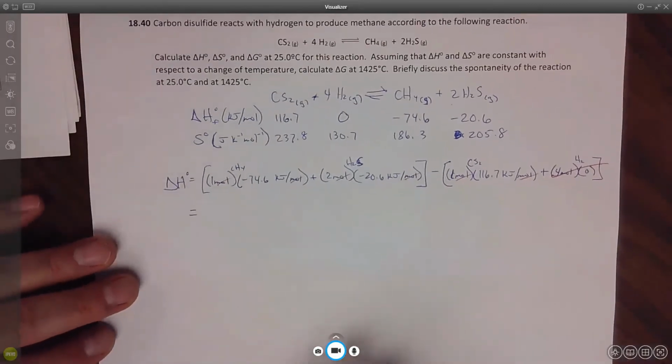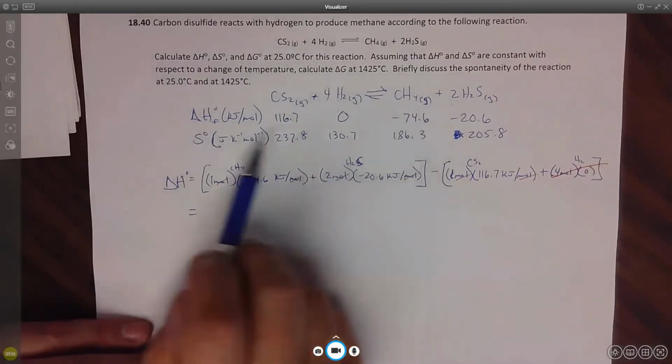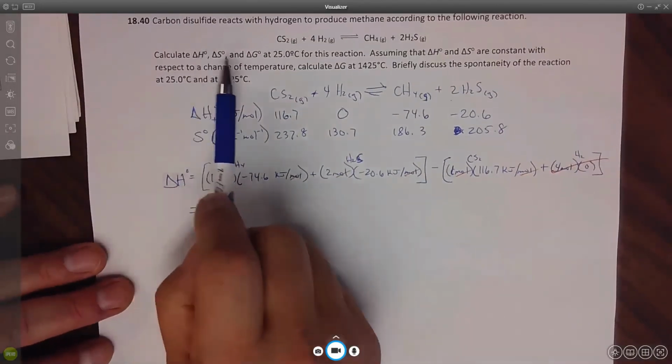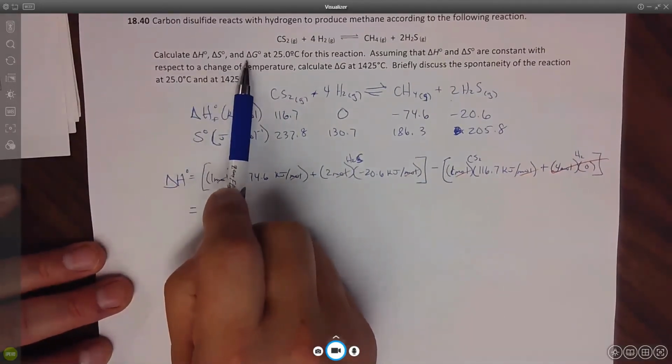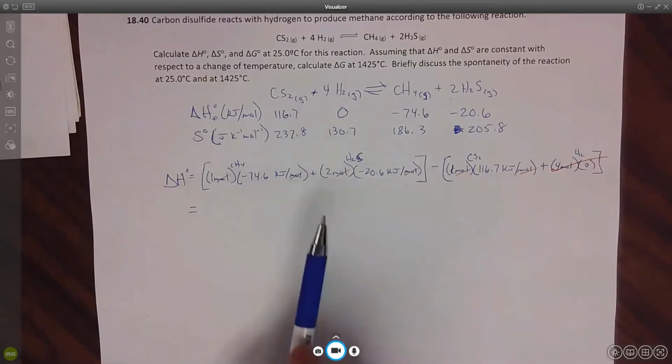Question: How come you looked up the S value for the H2? Because we're going to need it. It's asking for the change in enthalpy, change in entropy, and change in free energy. So when I was in the tables, just to save time, I looked up all the values.